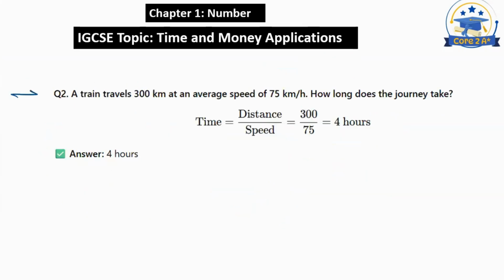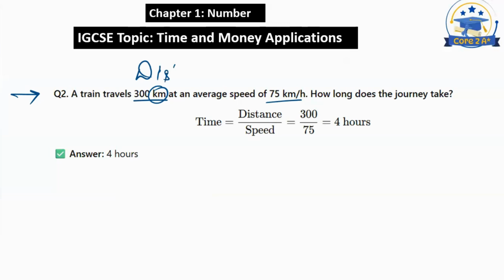Question number 2. A train travels 300 kilometers at an average speed of 75 kilometers per hour. How long will the journey take? Most of the students get confused about what the given value is and what it is asking. The given value is in kilometers. Kilometer is the unit of what?